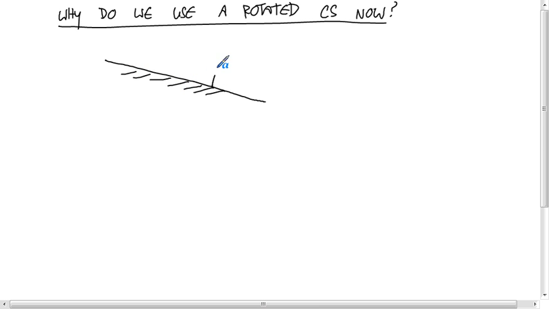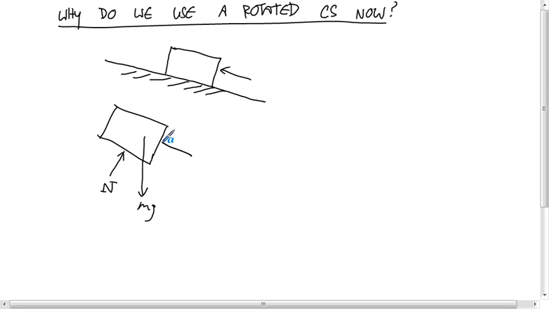a problem where something's moving along an inclined plane, and a lot of times you have forces acting parallel to the plane. Here's a list of all the forces you have. You have the weight force, mg. You have a normal force.